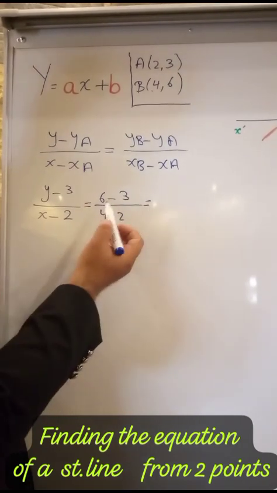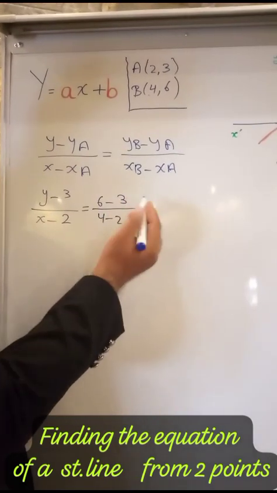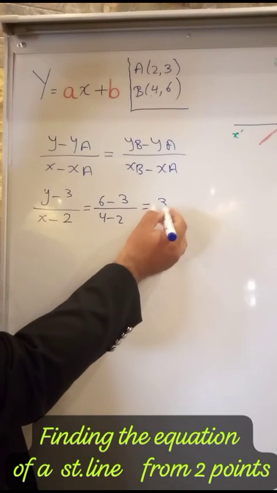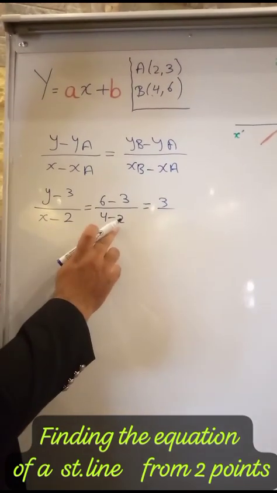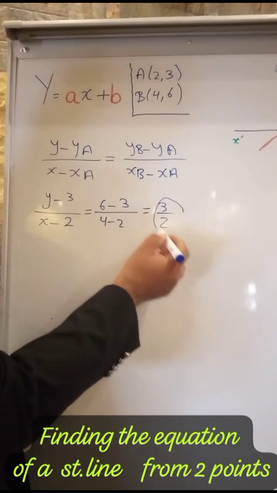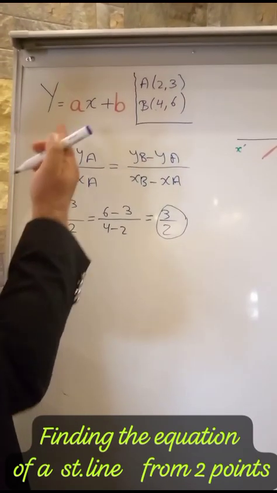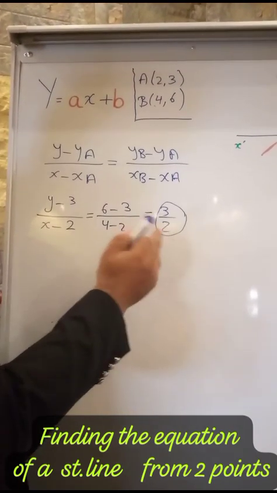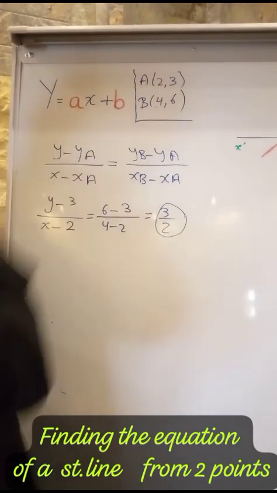The final result equals 6 minus 3, which is 3, over 4 minus 2, which is 2. So the slope of the straight line y equals ax plus b is 3 over 2. This is what we mean by point A.